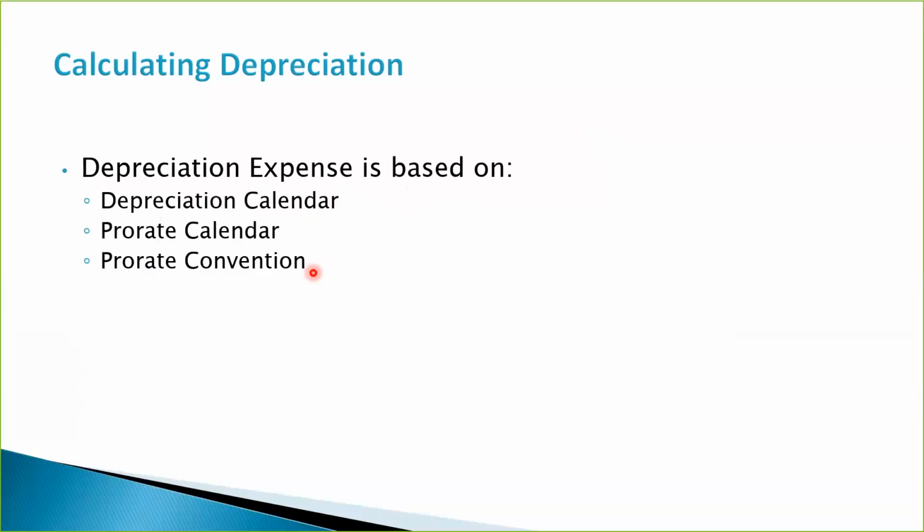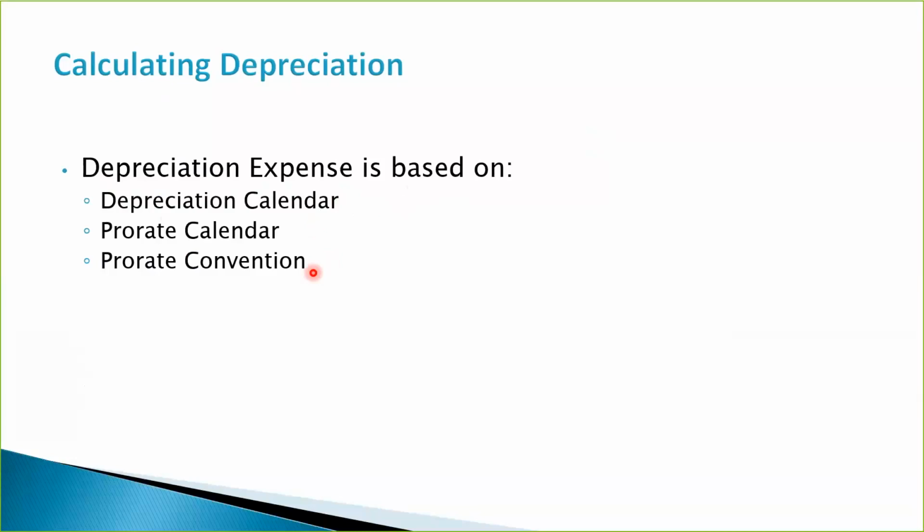So for example, if our financial year runs from January to December, therefore it's a calendar year, we can acquire assets in January or February or any month of that year, okay? So if that asset is acquired in March, how are we going to calculate the depreciation expense for that first year?